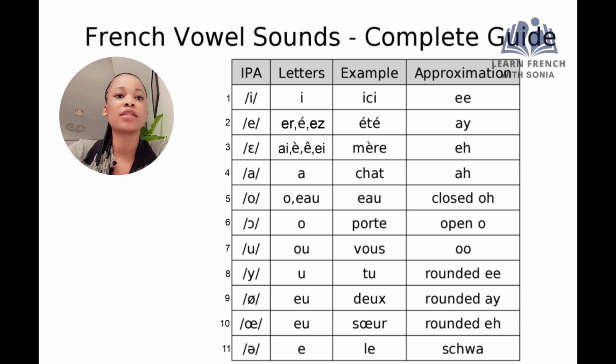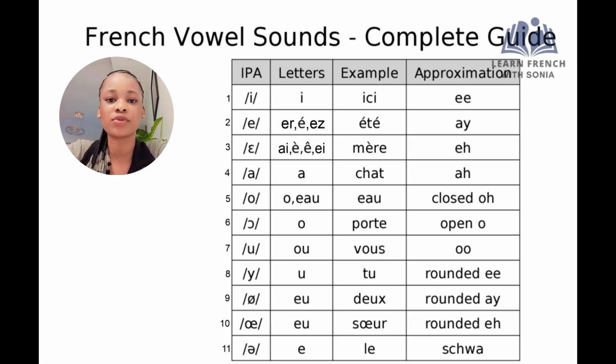The number one there says E, not E, there's a stretch, E. Then the letter is E, then the example is C, then the last one says E. The approximation helps you understand how the word sounds. If you look at it there, you see double E, not one. There are two. If you don't understand, please ask me your questions in the comment section.